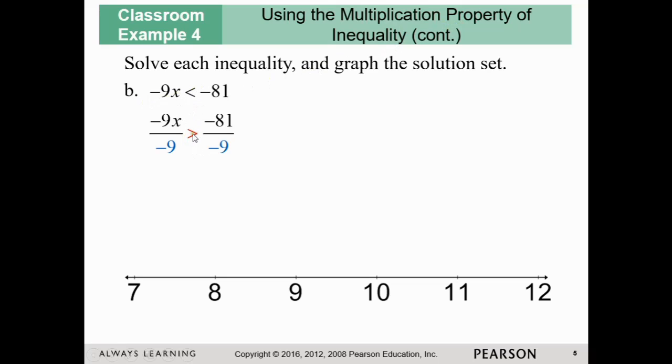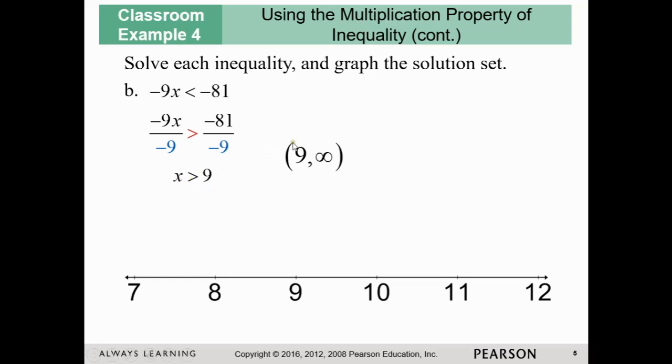Notice that they have rotated the inequality sign here, and they've indicated it in red to emphasize that we've rotated the inequality sign. So just remember, if you do divide or multiply by a negative, you have to rotate that sign.